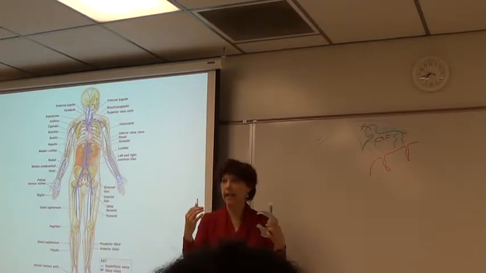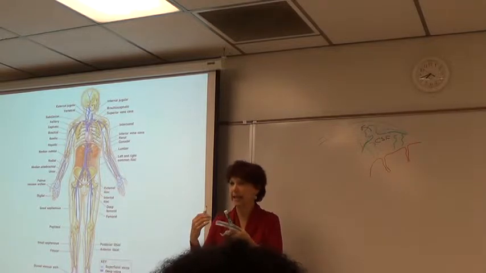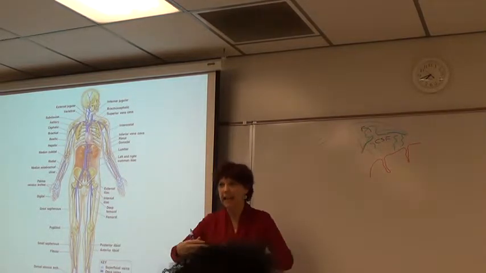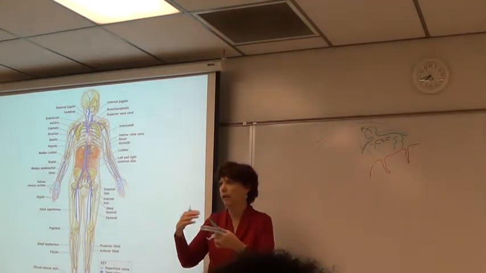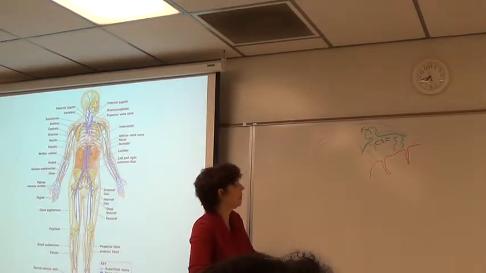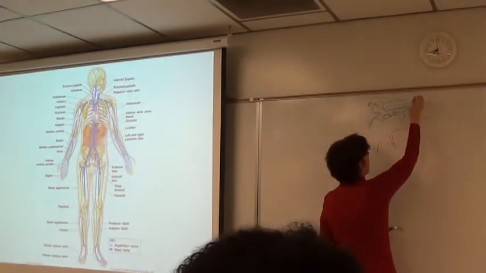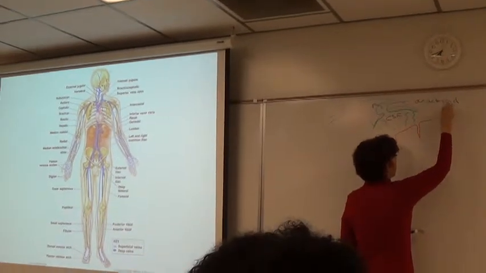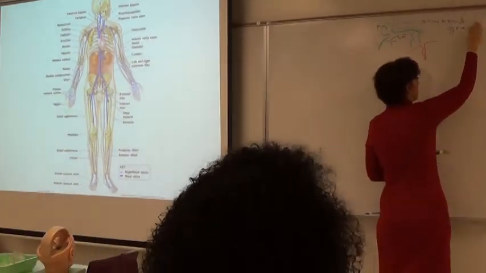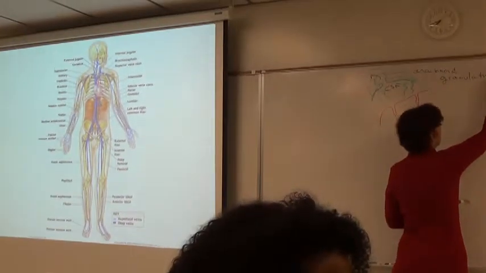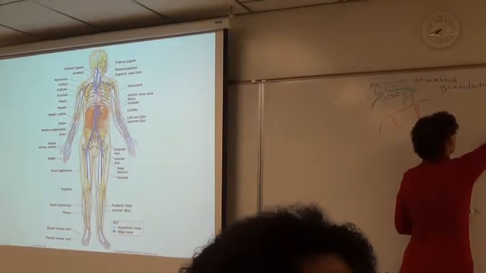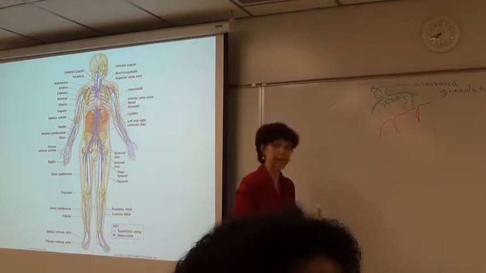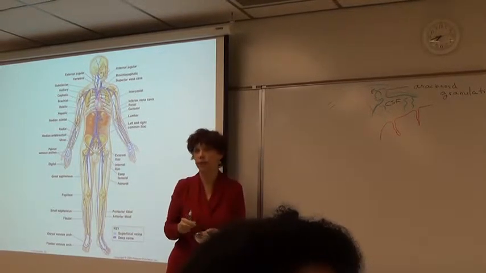Okay? And the CSF is produced by the choroid plexus of the ventricles, and it leaves the fourth ventricle from the foramen. I'm not going to be testing you on this part, but just to bring you up to speed, arachnoid granulations, or villi. And then the venous blood, that's CSF, which came from the blood, if you recall.